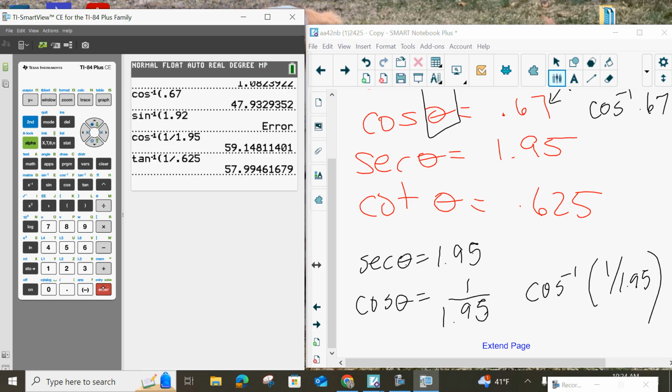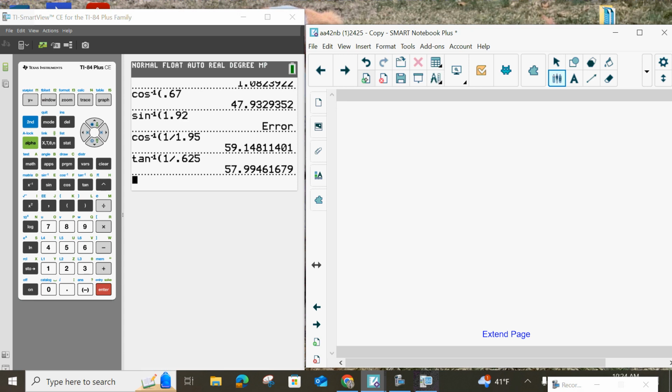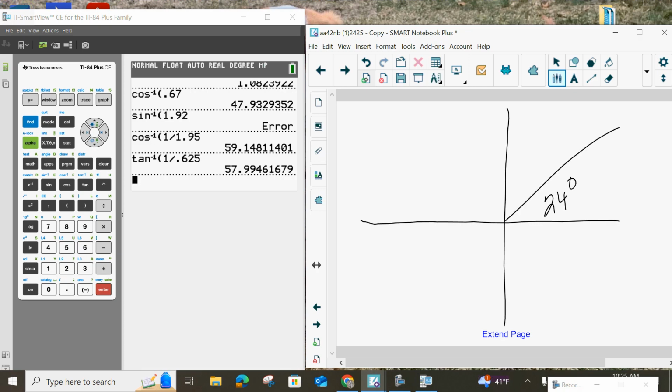All right, since we're on our calculator, let's show you something on your calculator. Hayden, pick any acute angle. 24 degrees. Spectacular. What angle is going to happen if I say negative 24 degrees?